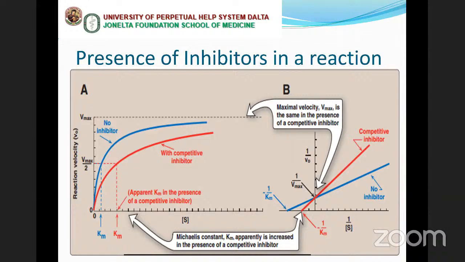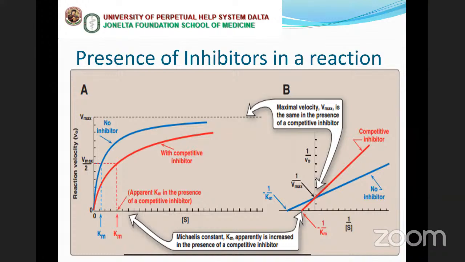So what would it mean if your Km is increased? It would flatten the curve. So meaning you have to have more substrate for the reaction to occur.